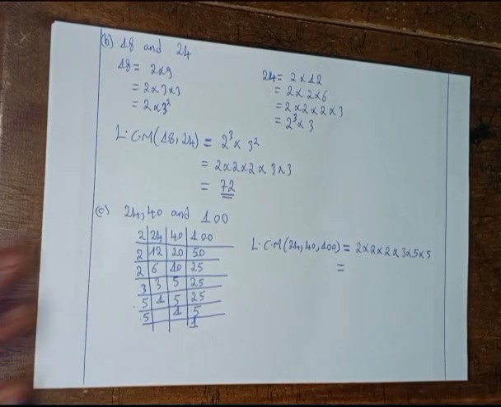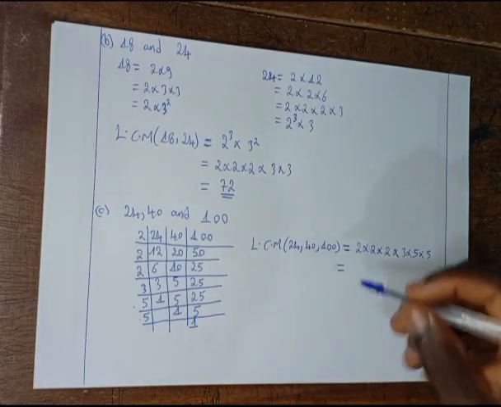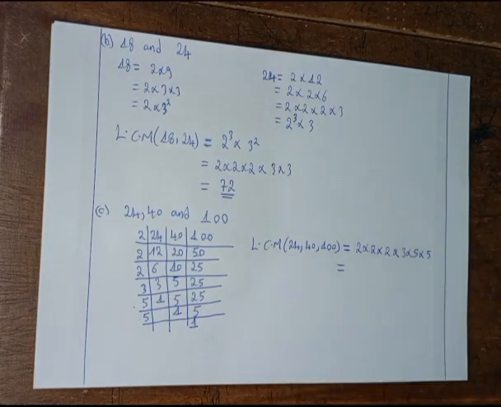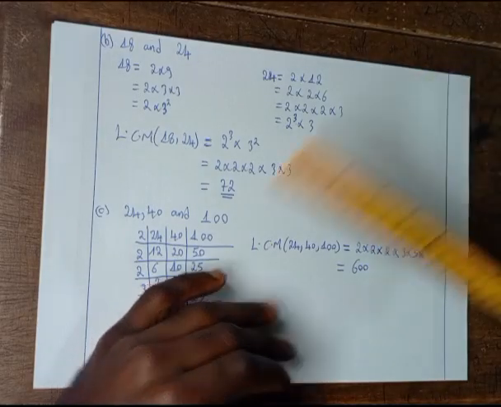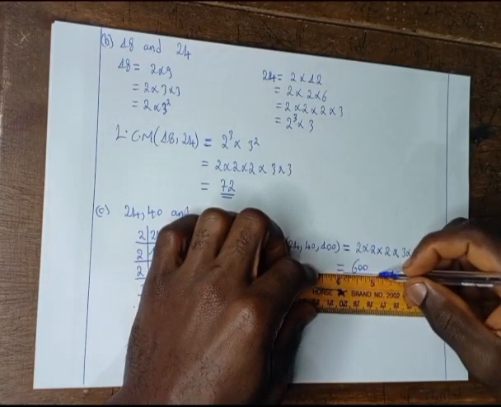So this will simply be equal to, we know 2 times 2 is simply equal to 4. 4 times 2 gives us 8. 8 times 3 gives us 24. 24 times 5 gives us 120. 120 times 5 gives us 600. Therefore, 600 is the LCM of the three numbers.